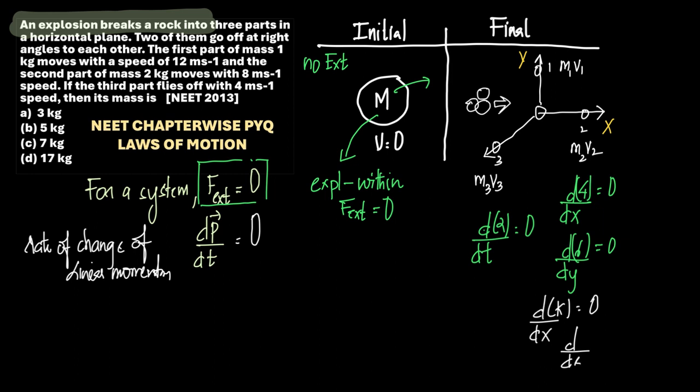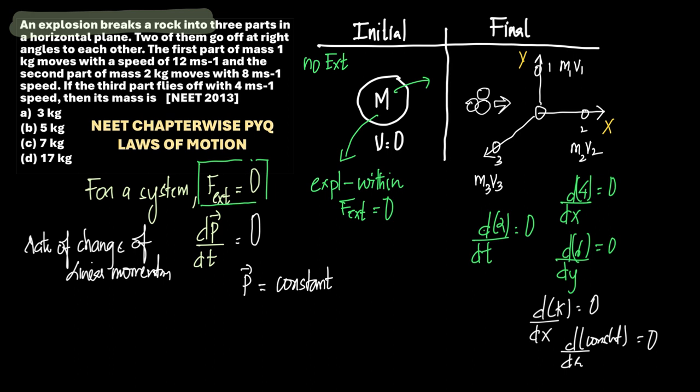Now the other way around. If dp by dt is equal to 0, it overlaps with d by dt of a constant being equal to 0. So if the rate of change of linear momentum is equal to 0, it otherwise means that the linear momentum is a constant.